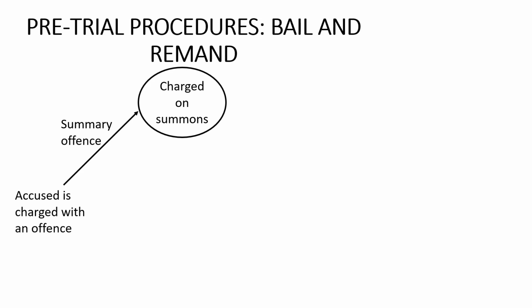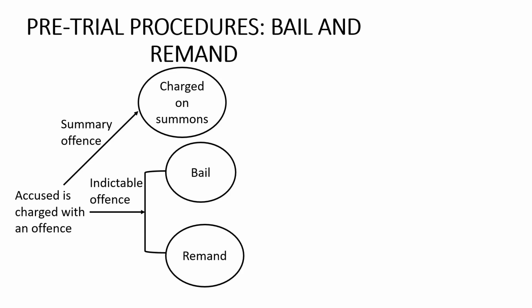However, where the police suspect that a person has committed an indictable offence, and in particular a more serious indictable offence, then the police are likely to arrest the person and take the person into custody for questioning. If the police charge the accused, then the accused will either be released on bail or held in custody, that is, held in prison on remand.